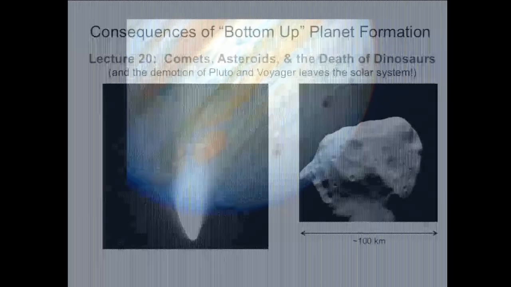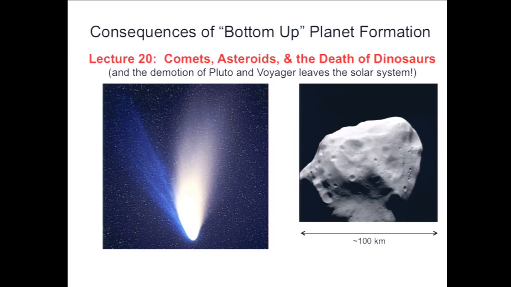And of course, the reason for this class that these collisions are particularly important is that if the comet or asteroid that collides with another planet is sufficiently big, it can have a drastic impact on the evolution of life on the planet.